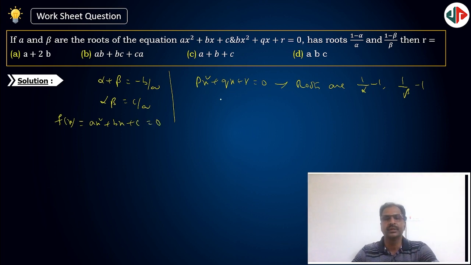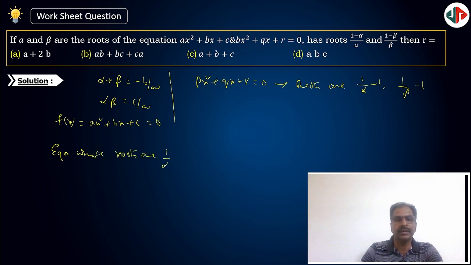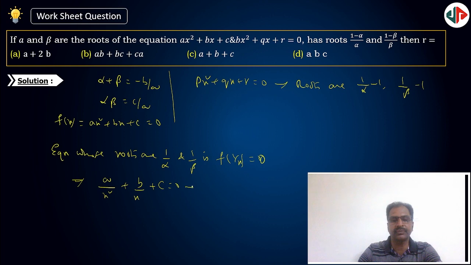Given alpha, beta. If the roots of f of x equal to 0 are alpha, beta, then what is the equation whose roots are 1 by alpha and 1 by beta? F of 1 by x is equal to 0. Now find f of 1 by x. A by x square plus b by x plus c is equal to 0. Simplify this, then you get cx square plus bx plus a is equal to 0. For this equation, what are the roots? 1 by alpha and 1 by beta.